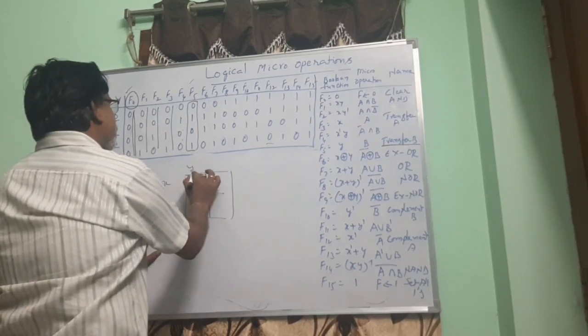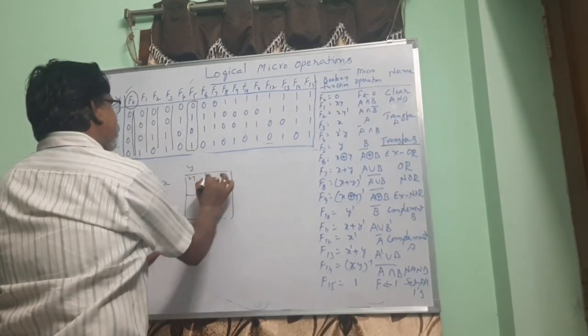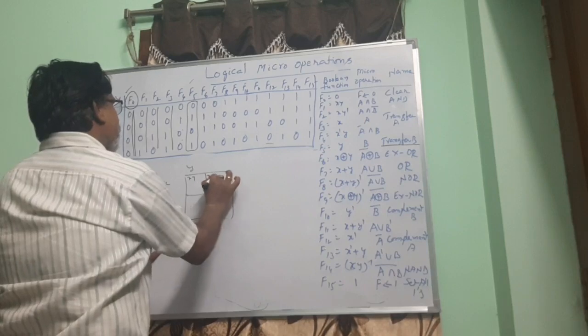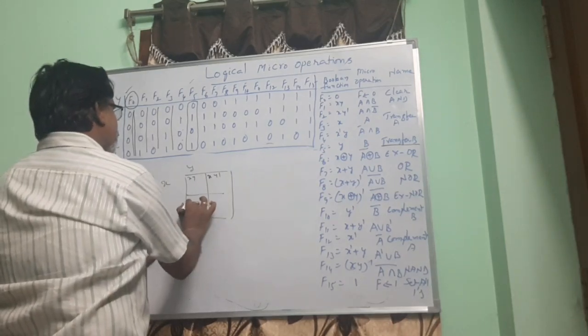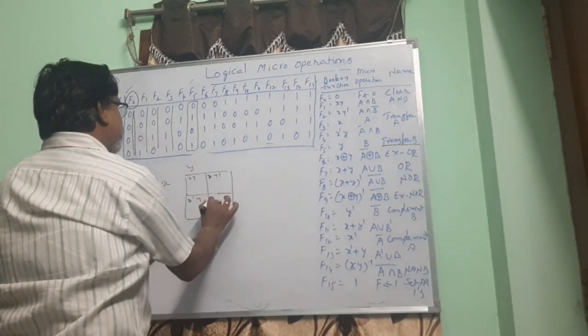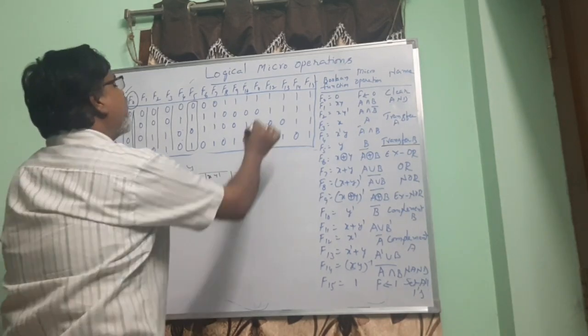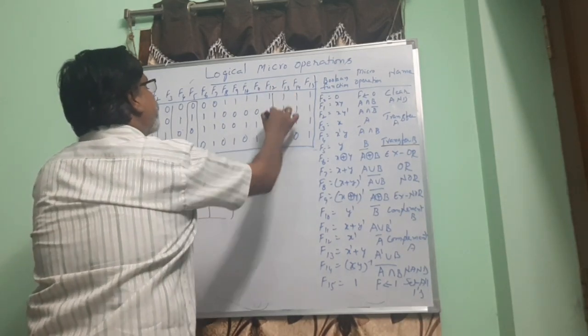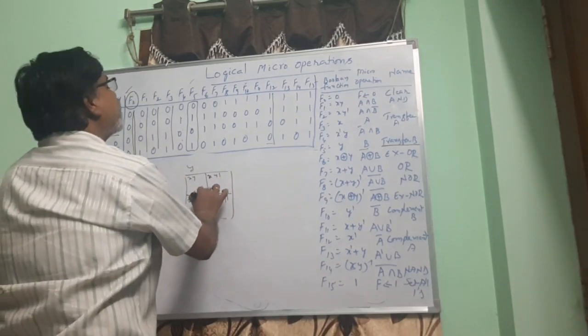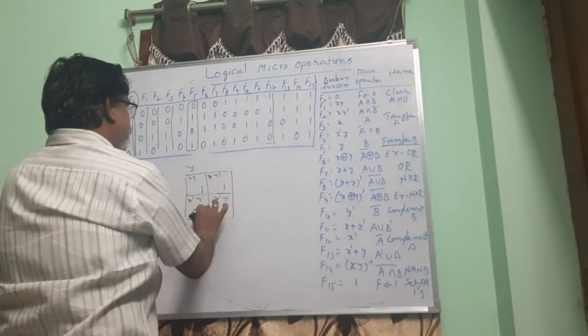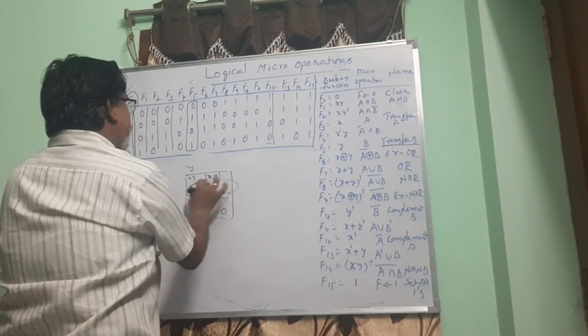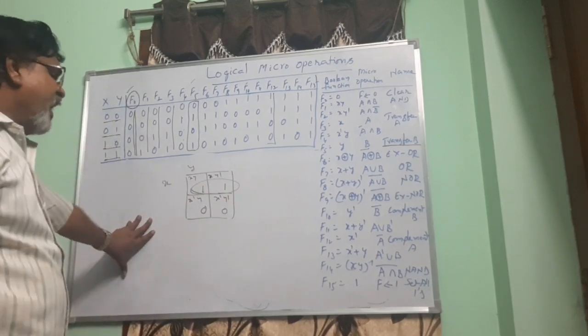So this is xy, this is xy bar, and this is x bar y, this is x bar y bar. Now if you take F12, so 1, 1, 0, 0. So in our Karnaugh map, simplification is like this.